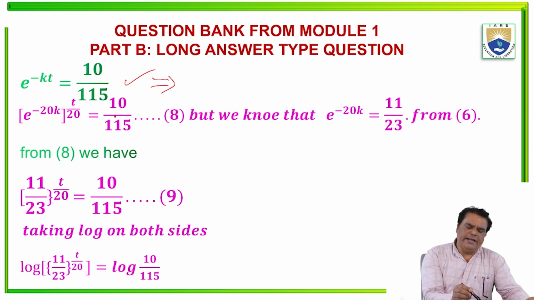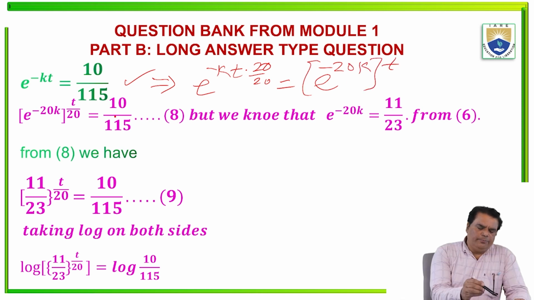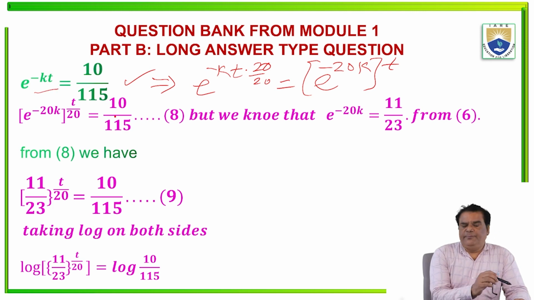So we write e to the power minus kt, multiply by 20 and divide by 20, and this equals e to the power minus 20k whole to the power t upon 20, equal to 10 upon 115.